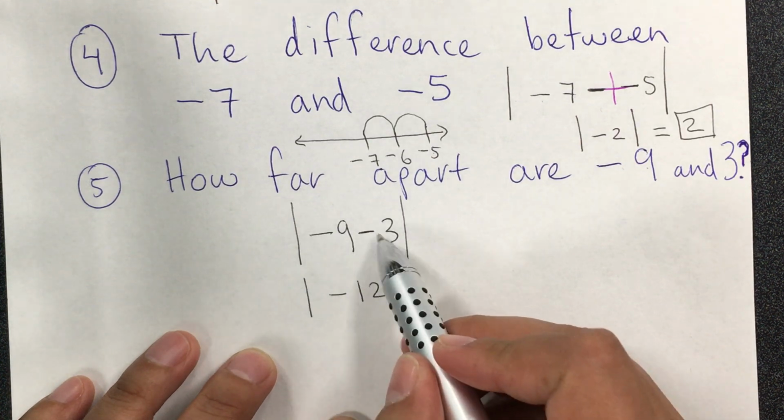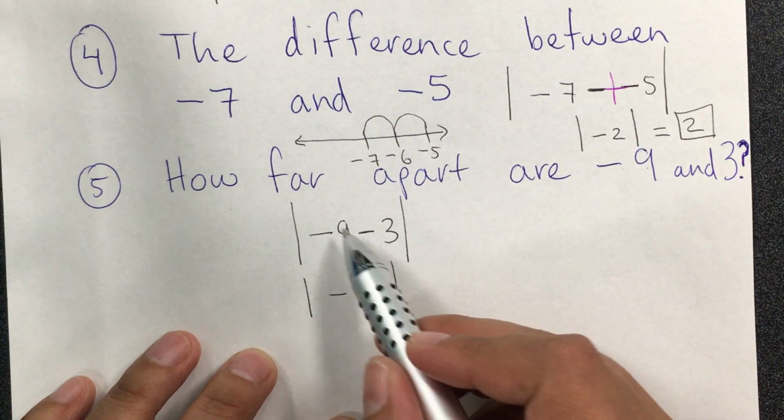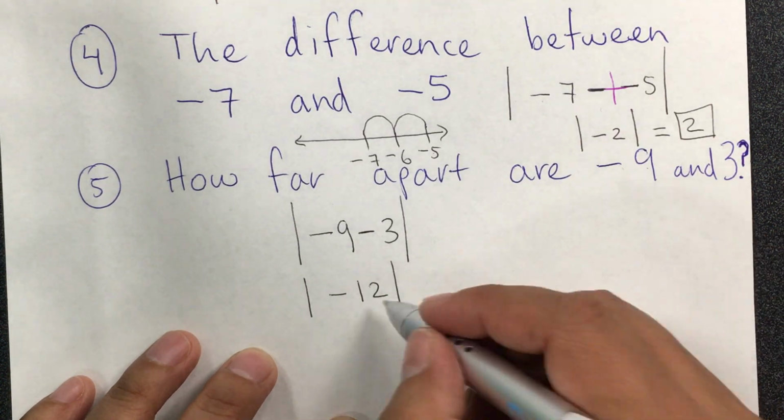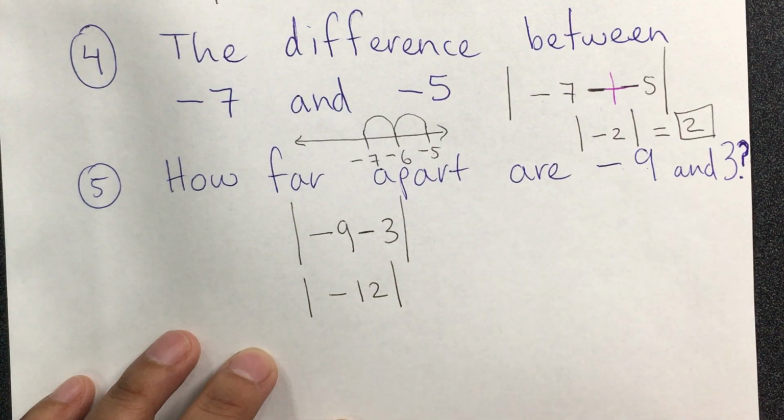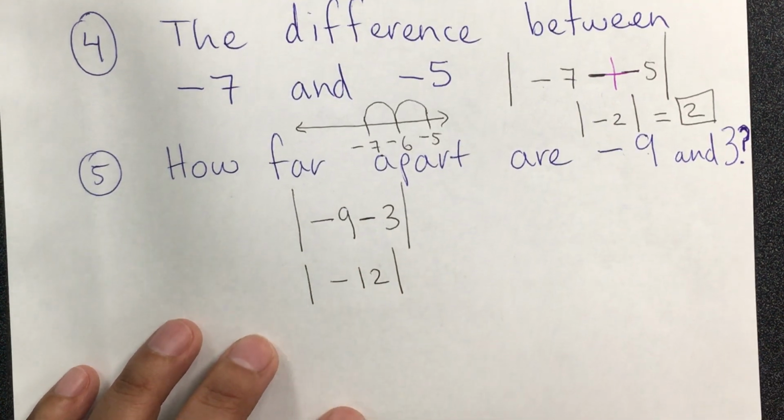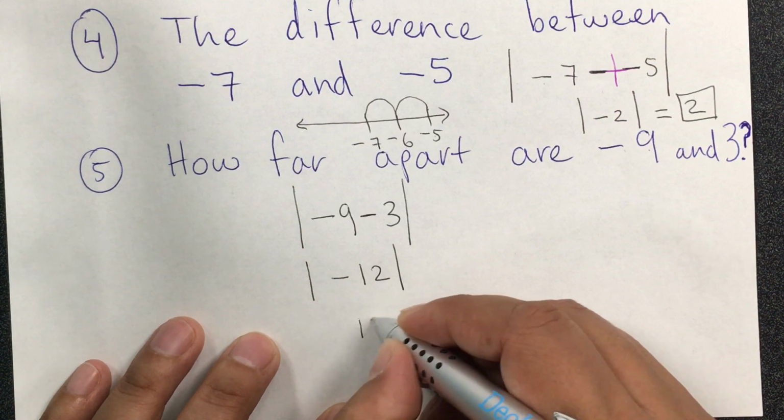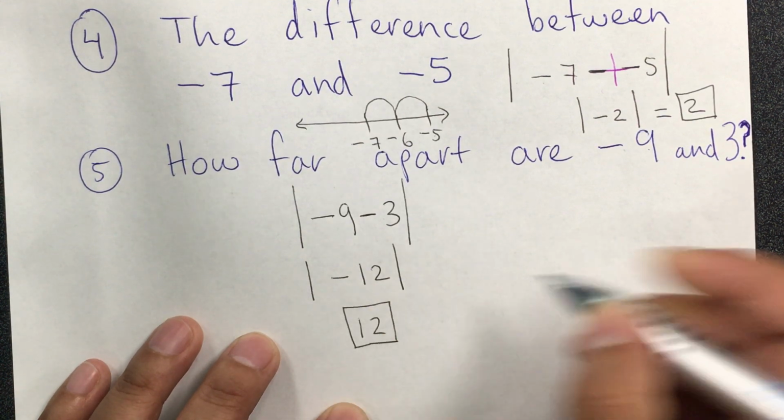Remember that when they have the same sign, you just add and keep the greater sign. So -12 inside of the absolute value. What is the absolute value? It just makes it positive, right? Because distance is always positive.